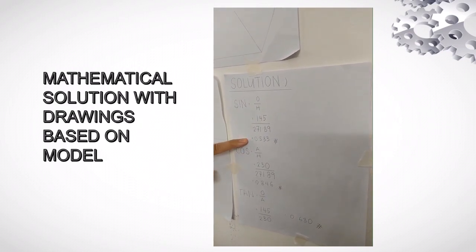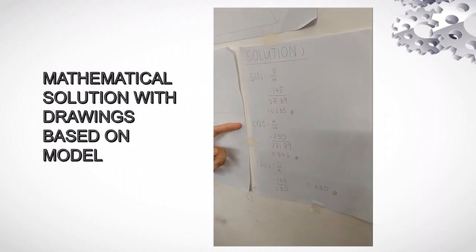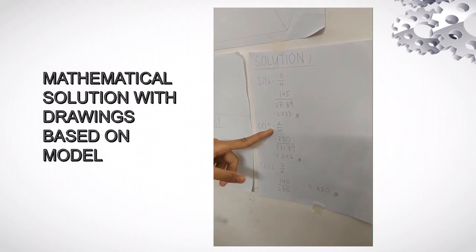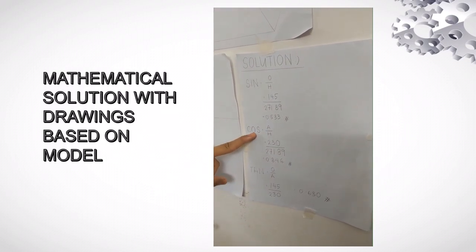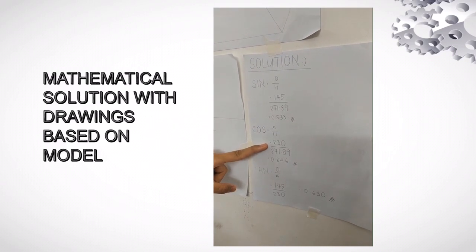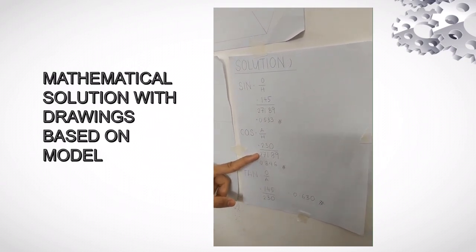The answer is 0.533. For cos, we use adjacent over hypotenuse. For adjacent 230 and for hypotenuse 271.89.